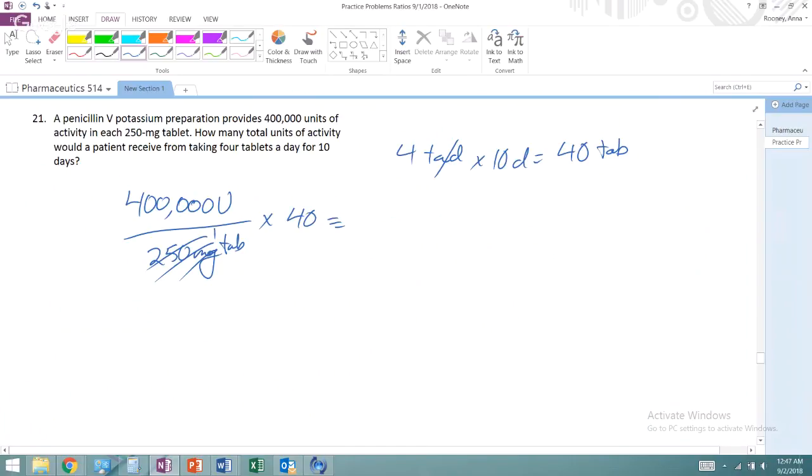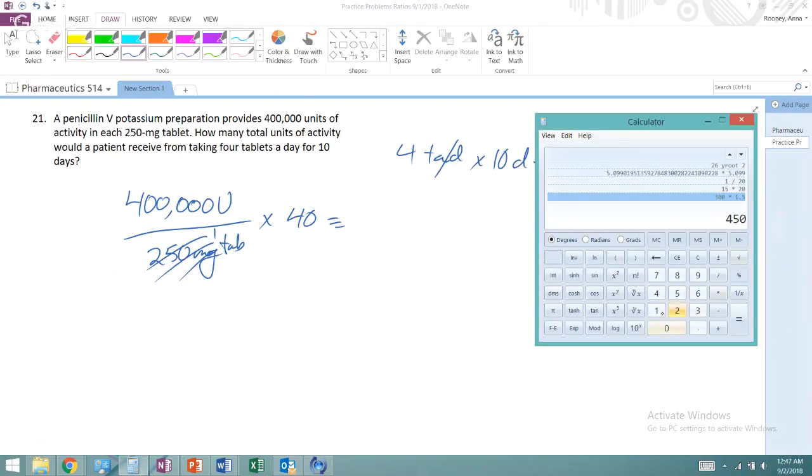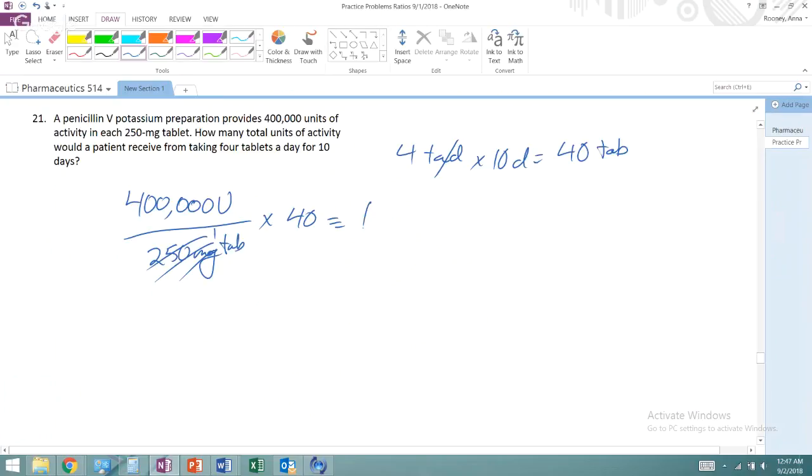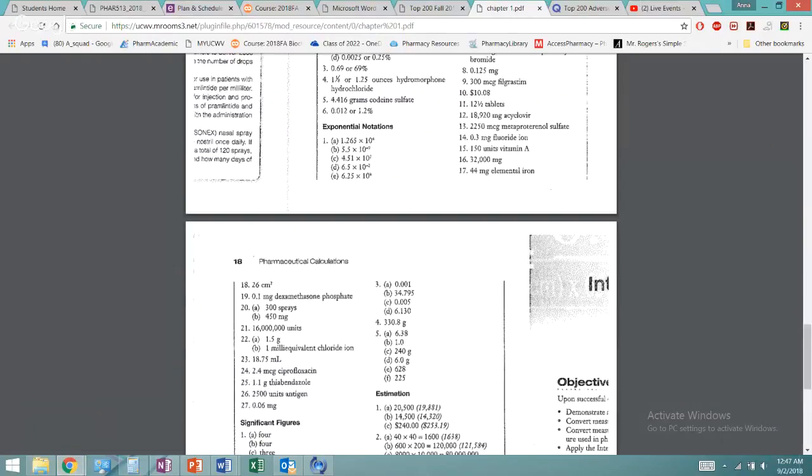I don't know why my equal sign has 3 lines. Because I'm tired. Okay. Yes. Okay. So 16 million units, which I believe I read was right too.